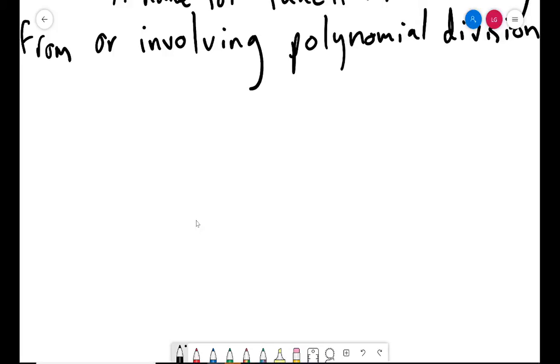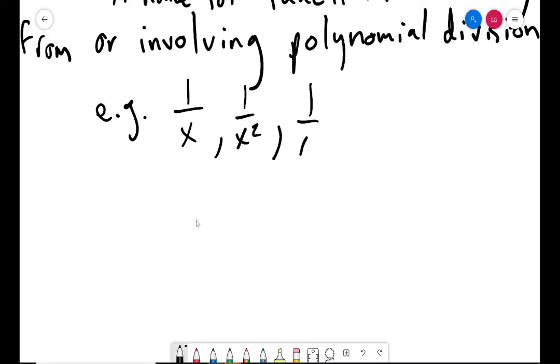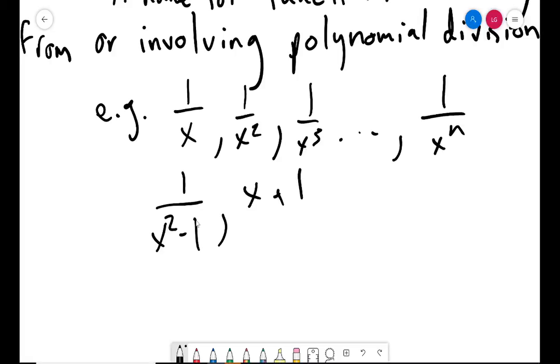So let's take, for example, some polynomial family, 1 over x cubed, 1 over x to whatever power. You could also do 1 over x squared minus 1. You could also do x plus 1 over x minus 1. These are all rational functions, different ones.